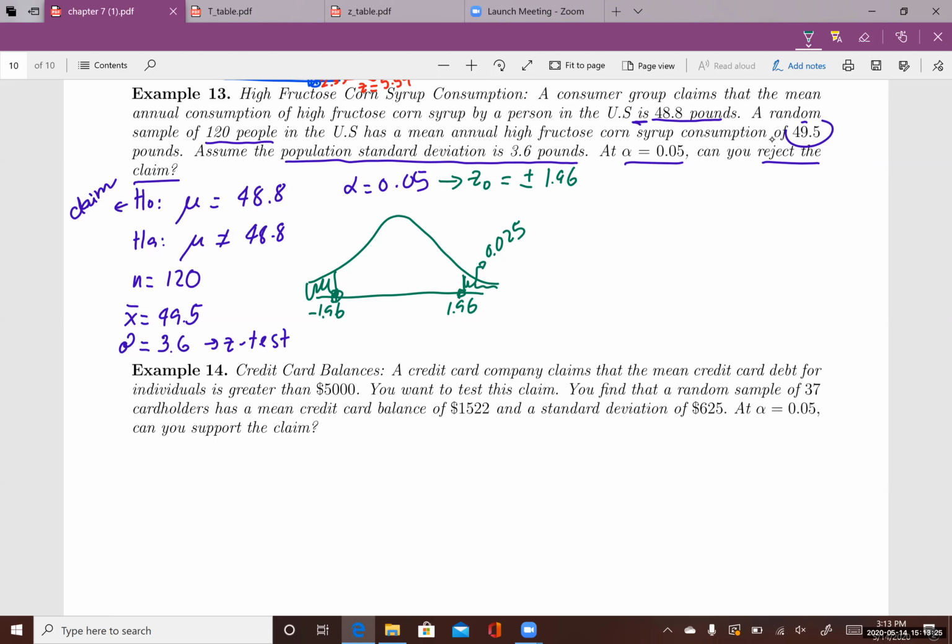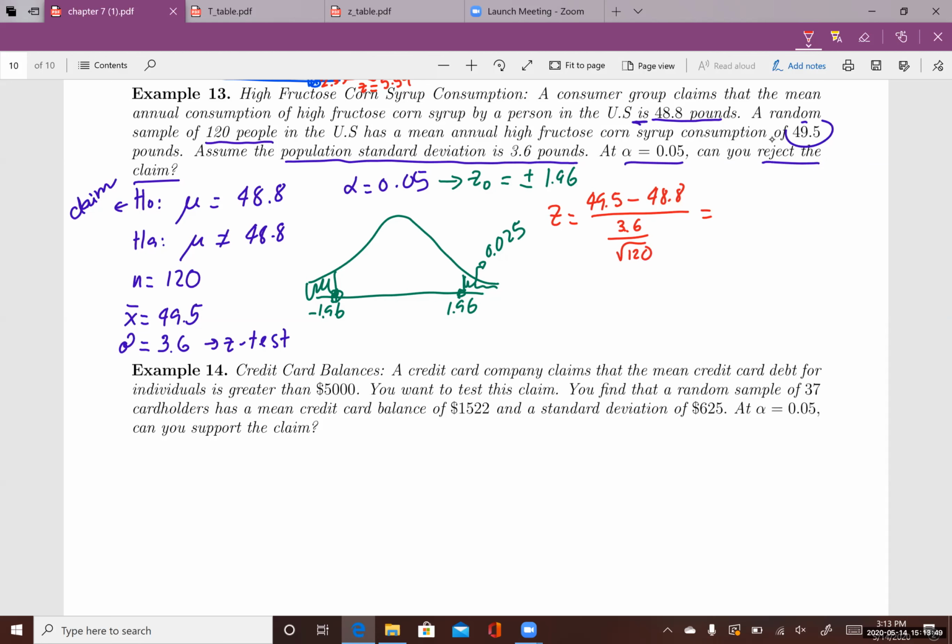Now, what is the standardized test statistic z? So z equals x bar, which is 49.5, minus mu, which is 48.8, divided by sigma, which is 33.6, divided by the square root of n, which is 120.